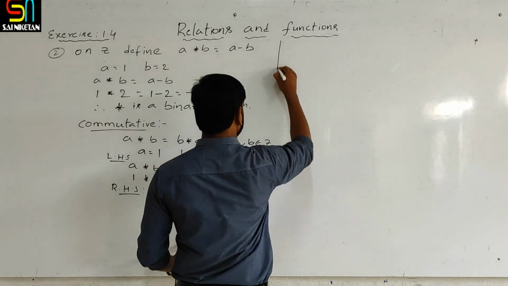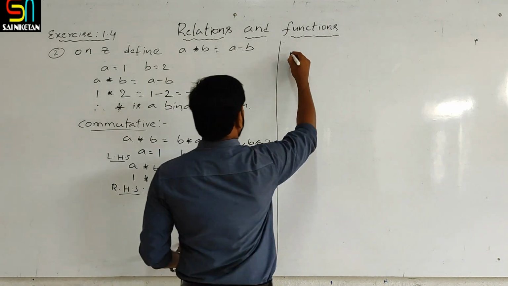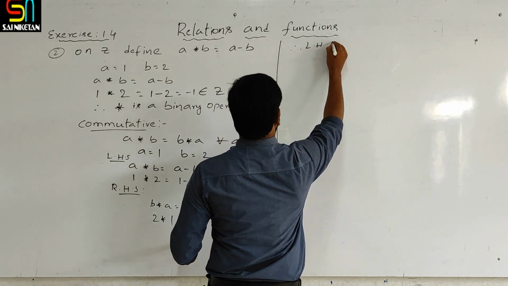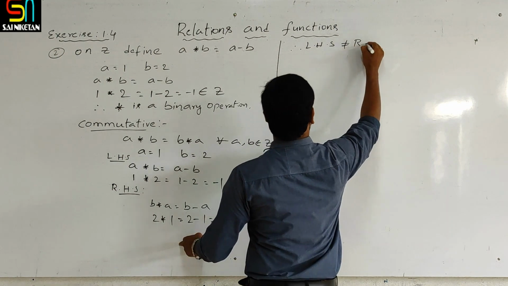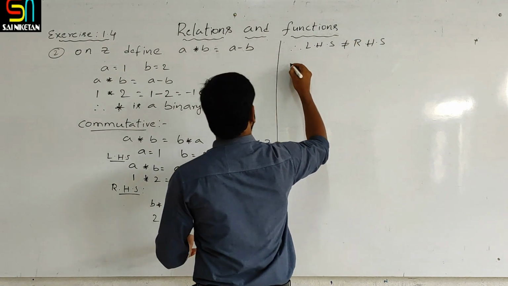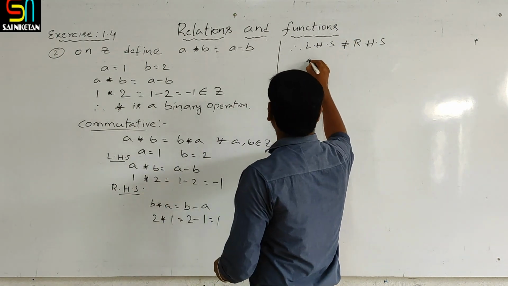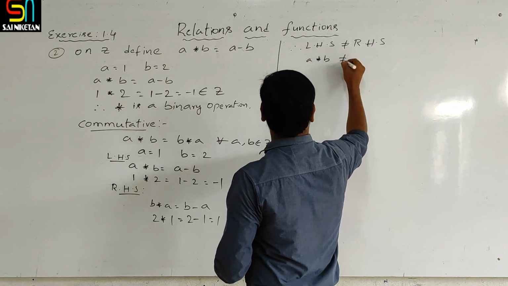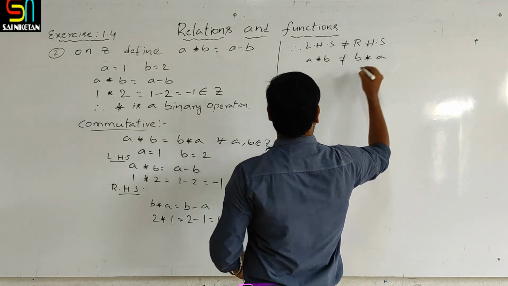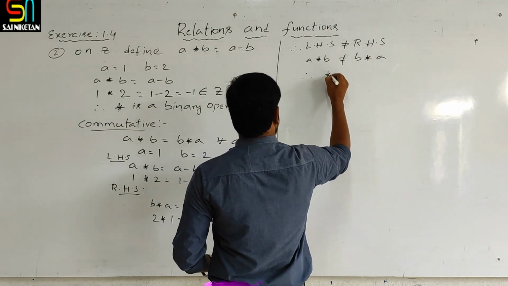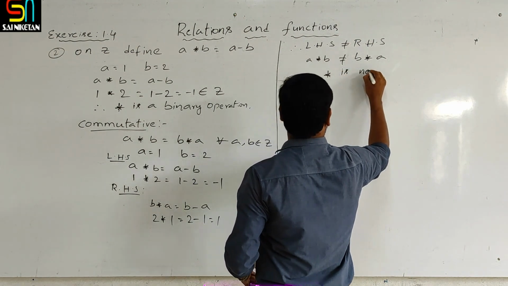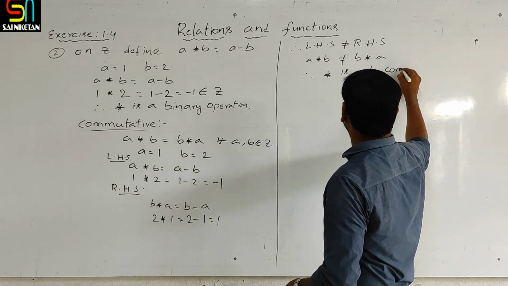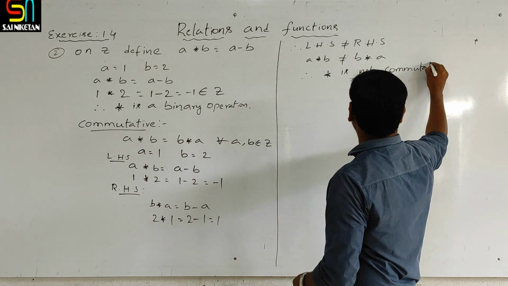Therefore LHS is not equal to RHS, or you can write A star B is not equal to B star A. Therefore star is not commutative.